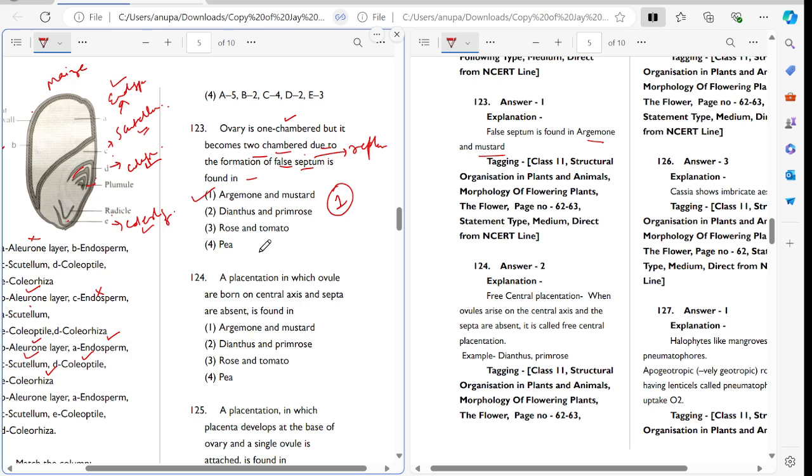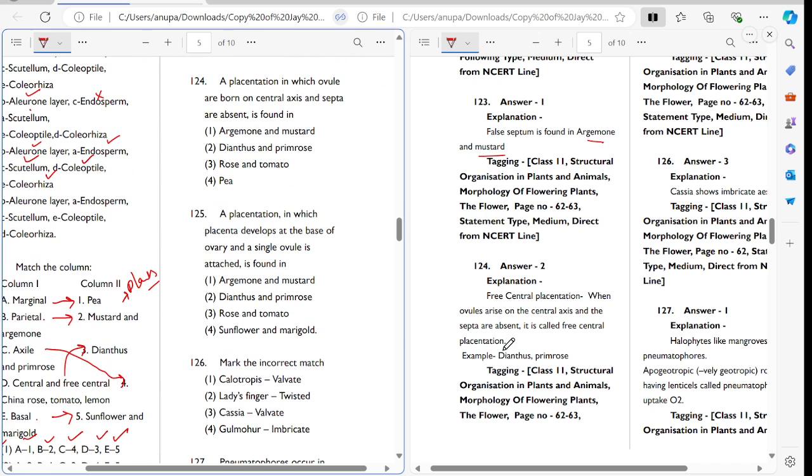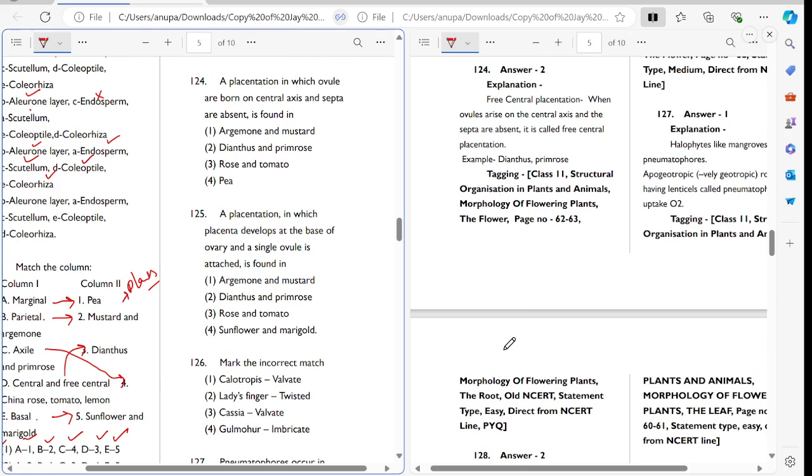Now let's move to the next question, that is question number 124. Question number 124 states that a placentation in which ovules are borne on the central axis and septa are absent is found in. Here also a type of placentation is described, and we have to find out in which plants it is found.